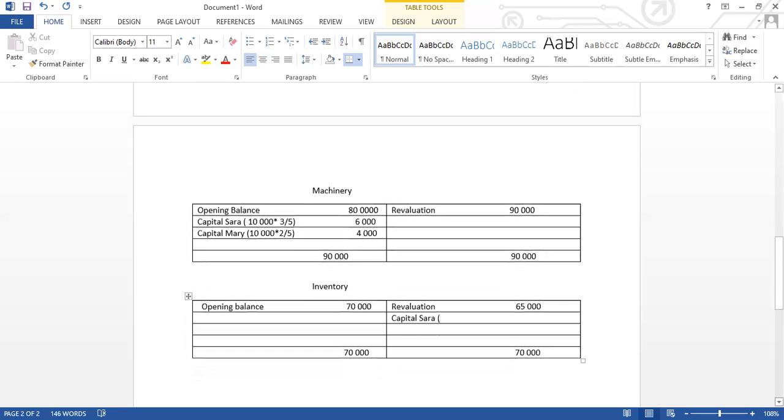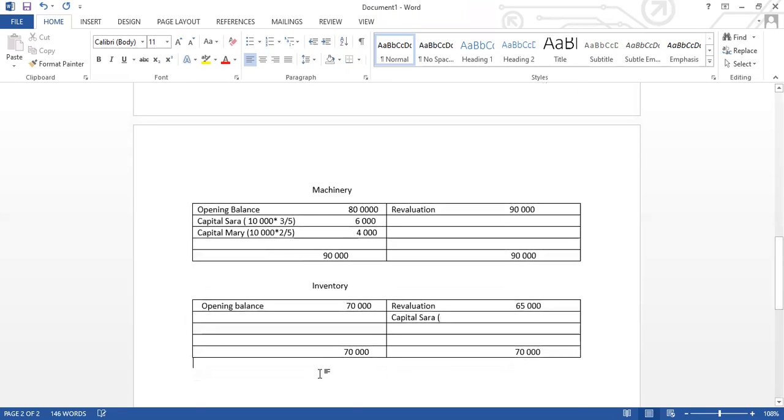What is the decrease amount? 5,000. So we have a decrease of 5,000, and that 5,000 loss should be distributed among the partners.